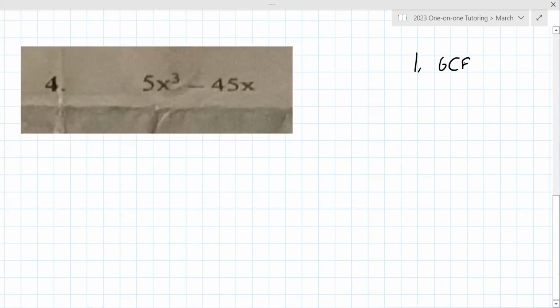Always, always, always. So what is the GCF between 5 and 45? And I'd always just recommend trying that smaller number. Hopefully it works. 5. Yeah. And then between the two x's, x cubed and x, the smaller one is x. You're going to divide each of these by 5x.